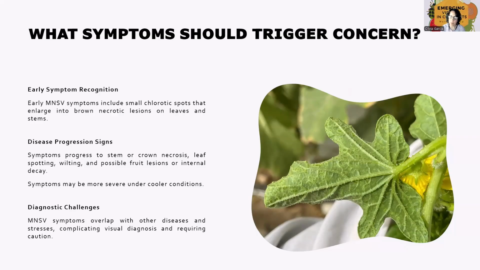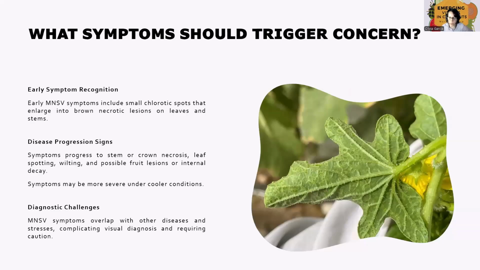In susceptible cucurbits, the virus can also be associated with wilt, reduced vigor, fruit quality problems, and in some situations, severe decline or collapse. It's also worth noting that cooler temperatures can increase symptom severity, and that matters because symptoms may become more obvious under certain production conditions than others, and growers may see different expression of the disease from season to season.